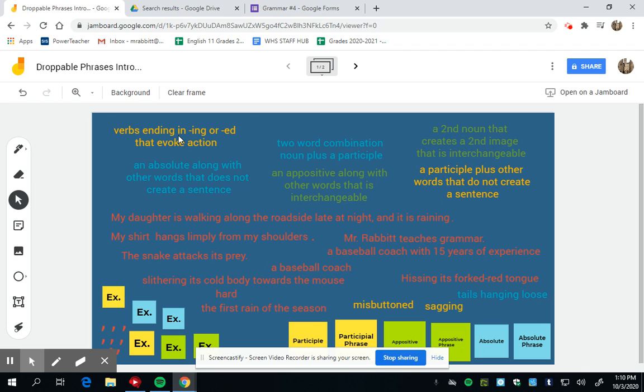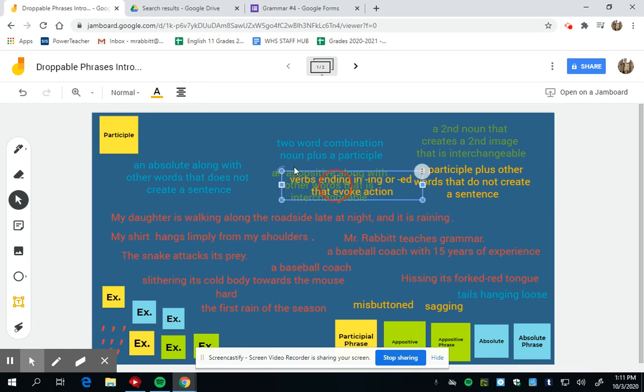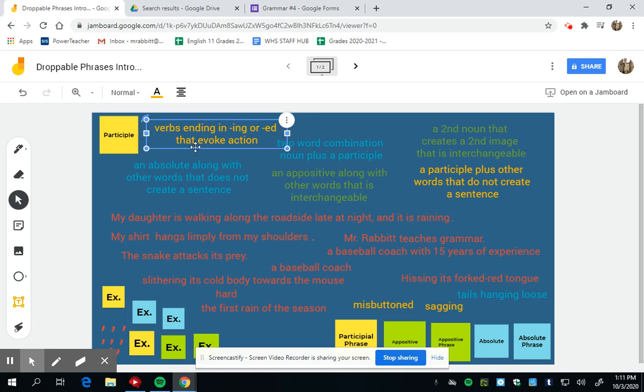All right, so the first one that we're going to talk about is this idea of a participial phrase, right? Now, a participial phrase, if we're going to go on just pure definition, simplest definition we can go with, it's going to be a verb ending in ing or ed that evokes action.